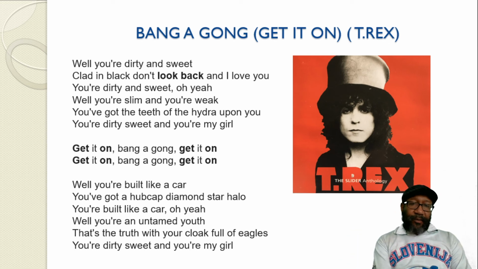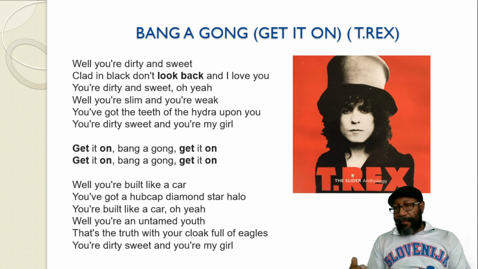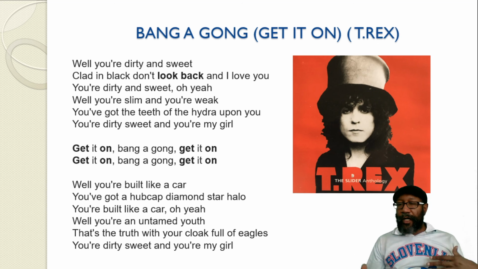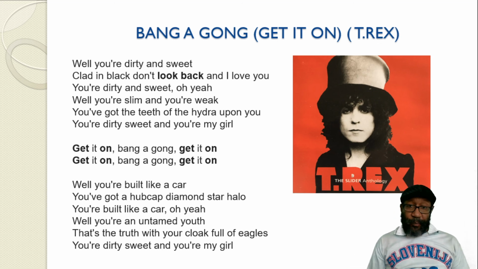And the interesting thing about get on: first of all, the verb to get has a lot of phrasal verbs originated by it, right? So get up, get down, get away, get over. We have, I could say, dozens of phrasal verbs with get. And also the verb get has a lot of meanings and a lot of uses in the English language, and it's up to you to learn and develop the uses of the expression.